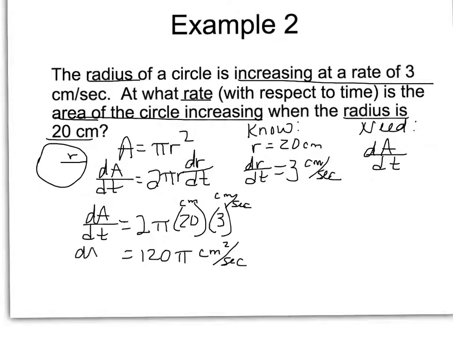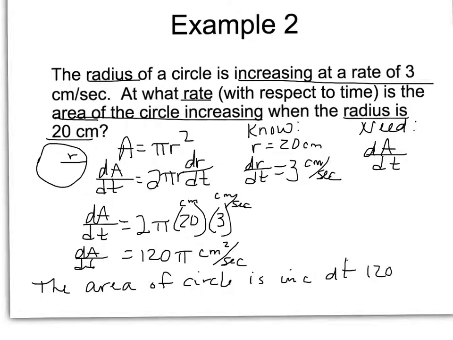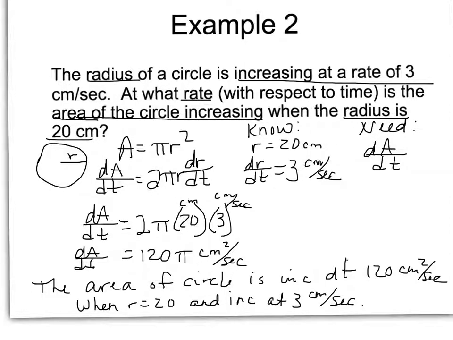The area of the circle is increasing at 120 pi centimeters squared per second when the radius is 20 and is increasing at 3 centimeters per second. So I like that sentence at the end where you wrap up the information that you know.